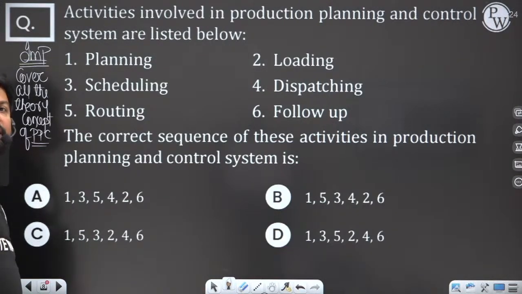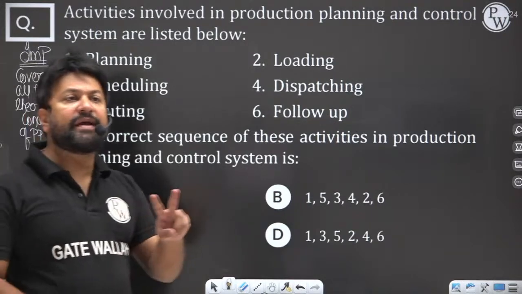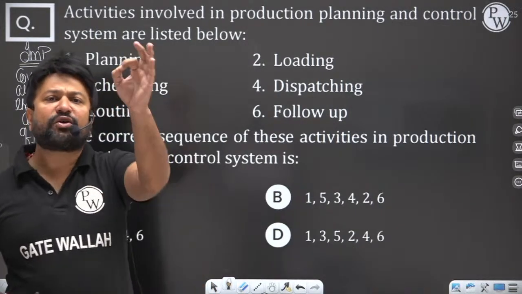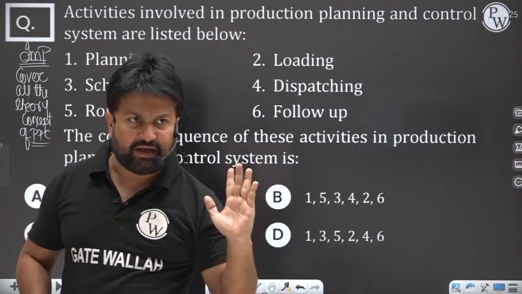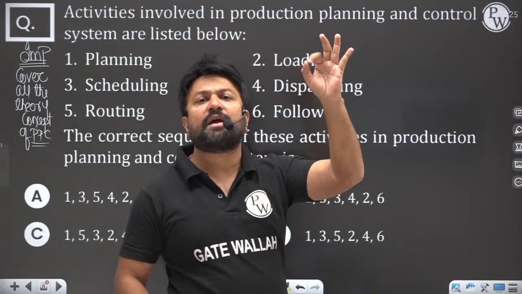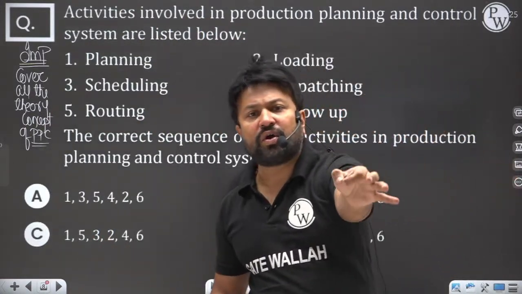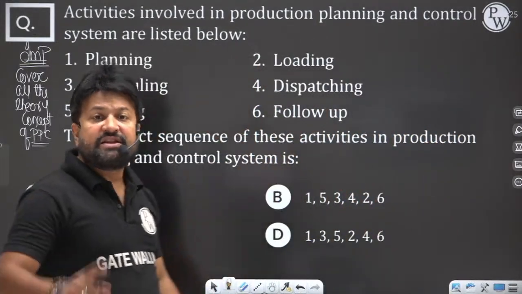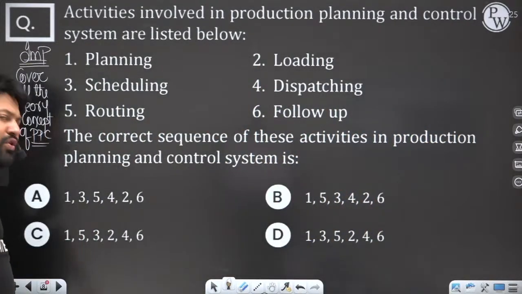So the second thing is loading. Loading is also the second function. What does loading basically do? The work of transformation of the raw material has to be converted into workload on an individual machine. This process is known as loading.